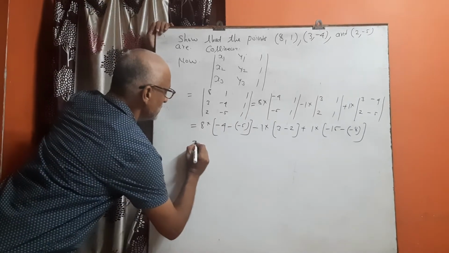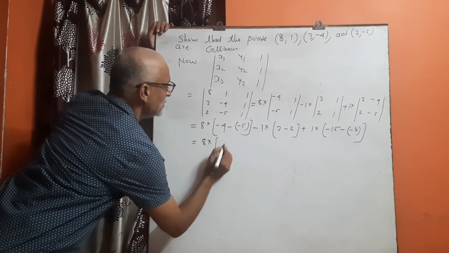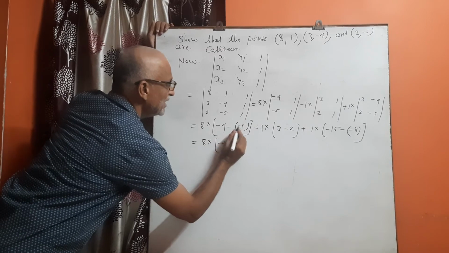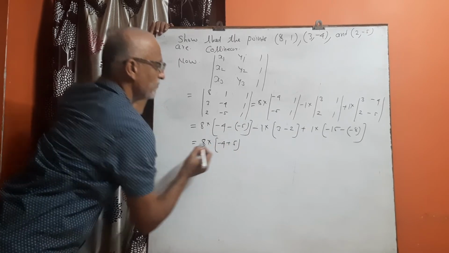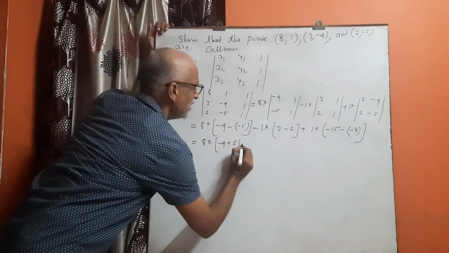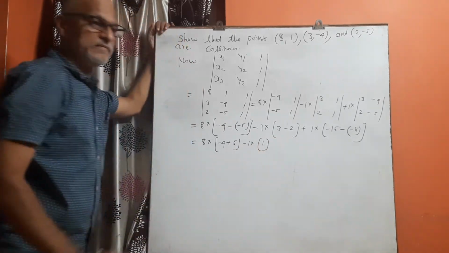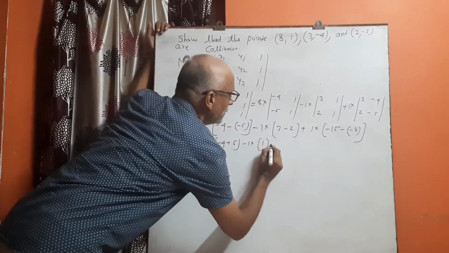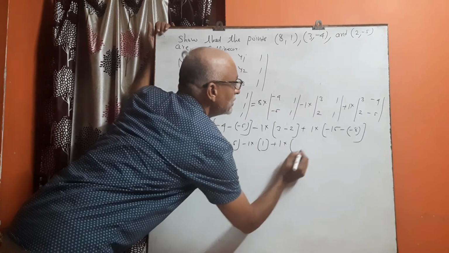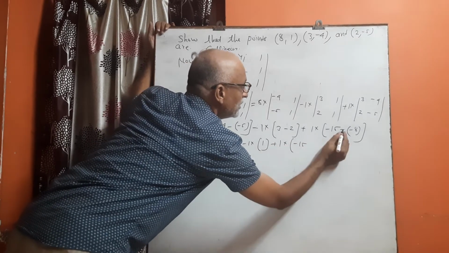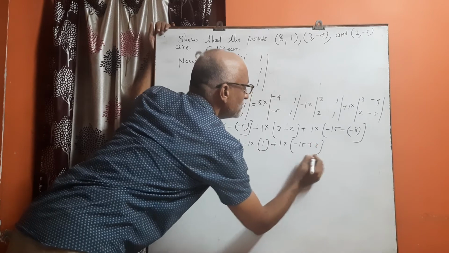Minus 1 into, in bracket, 3 into 1 minus 2 into 1, that is 1, plus 1 into, in bracket, 3 into -5, that is -15, minus in bracket 2 into -4, that is -8. So it is 8 into -4 minus of minus, that is plus 5, minus 1 into 3 minus 2, that is 1, plus 1 into -15 minus of minus, that is plus 8.